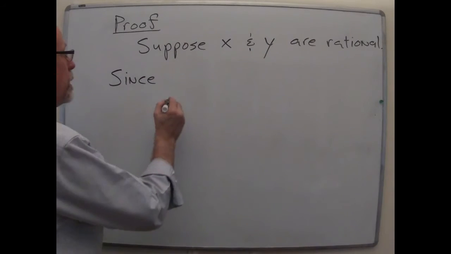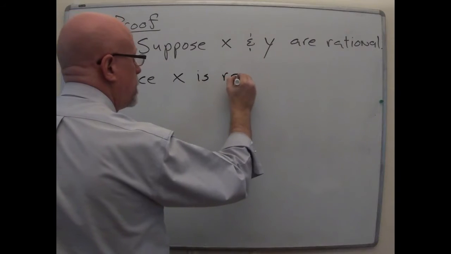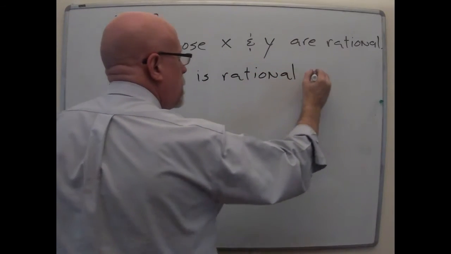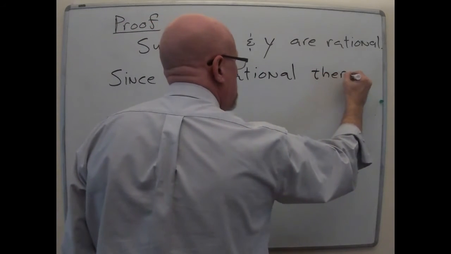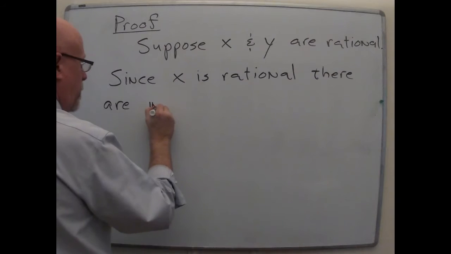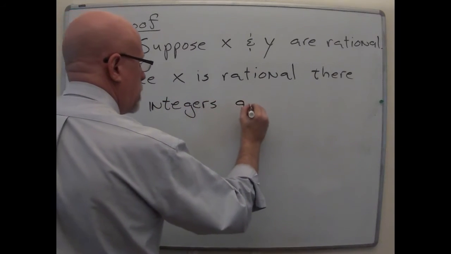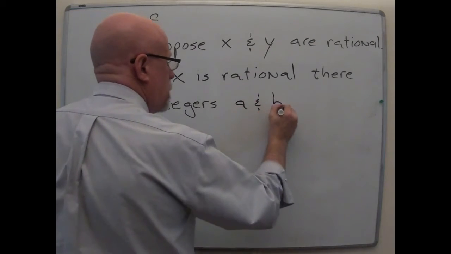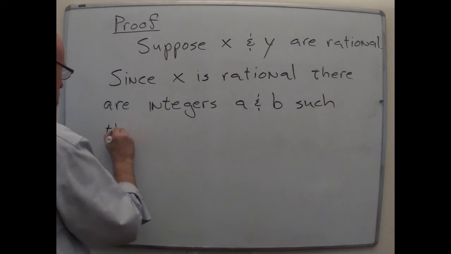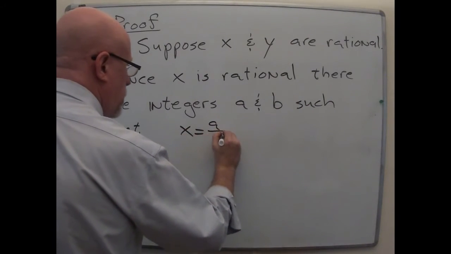Use that they're rational. Since x is rational, there are integers, a numerator and a denominator, right? I'm just going to call them a and b, such that x is equal to a over b.